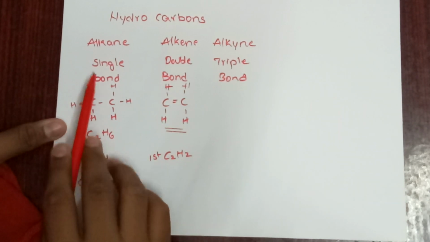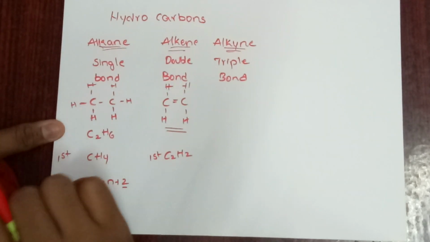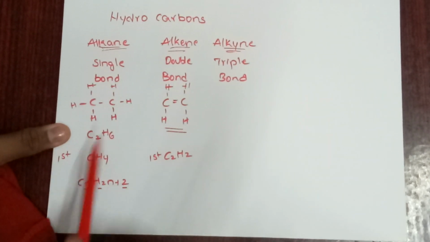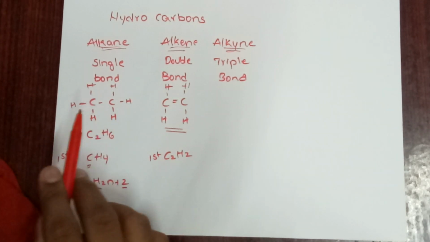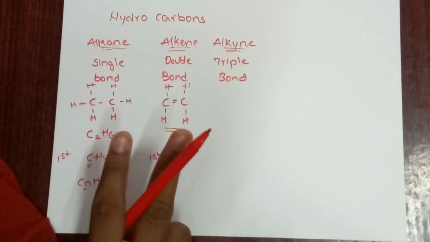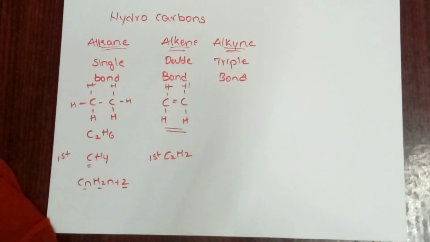When you compare this with an alkane, alkane requires only 1 carbon for the first compound, but for alkene you need 2 carbons for the formation of the first compound.